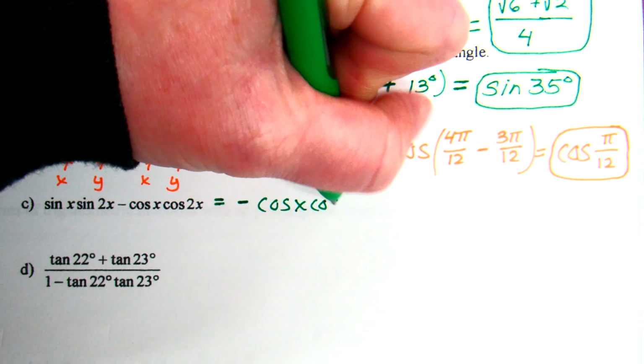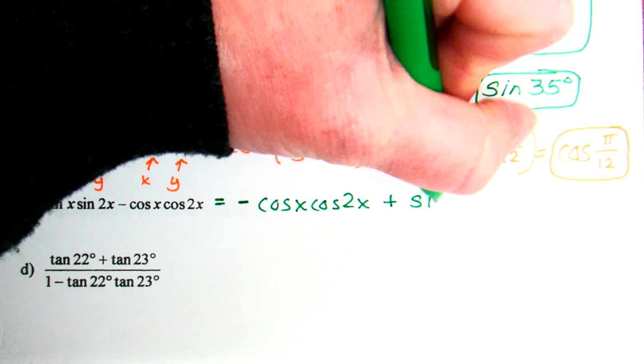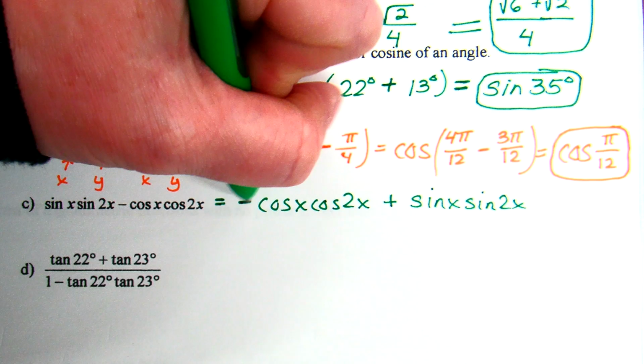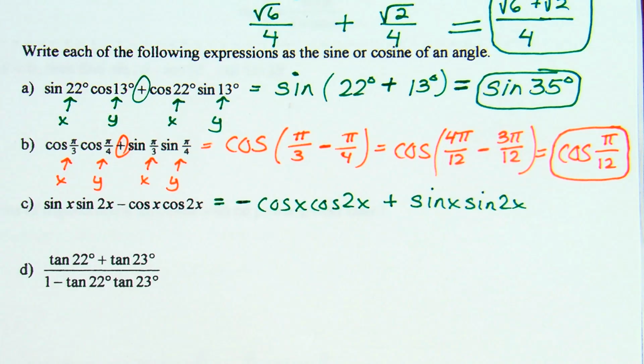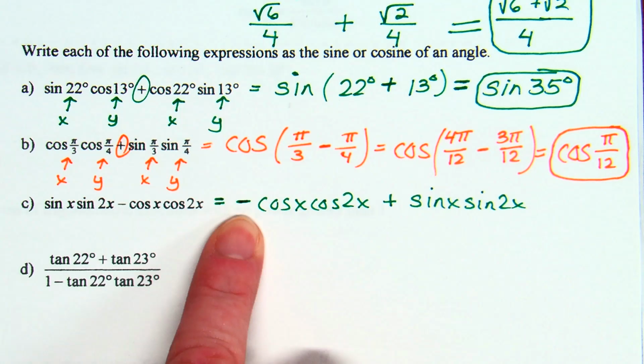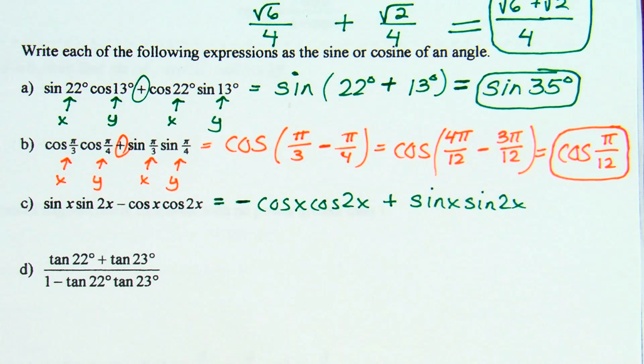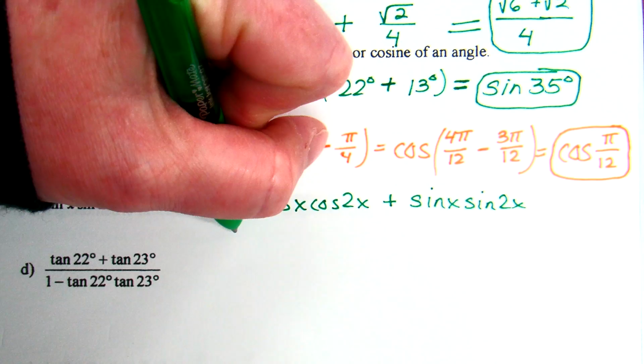So, there's a couple of different ways we can think about this. I'm going to flip-flop this. And if I flip-flop this, it is negative cosine x, cosine 2x, and then it is plus sine x, sine 2x. So we can see that it's a cosine identity, but in the cosine identity, what's the issue here? The cosine identity doesn't allow for a negative out front, does it?